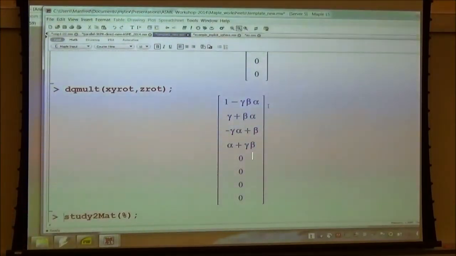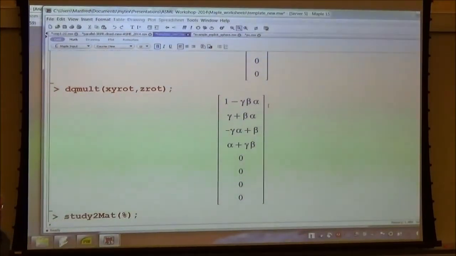It looks like this. And you can see immediately that this is an element of the spherical rotation group, the pure rotation group, because you have zeros here. When you have zeros in the last four entries of the dual quaternion, you have no translation in your transformation.